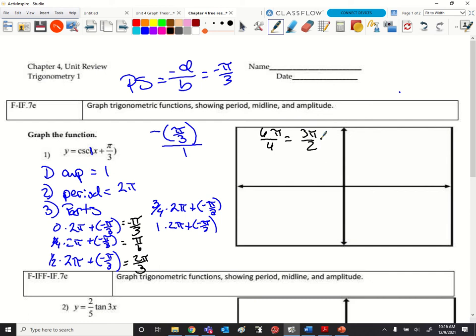Same thing, common denominator, so 3 over 3. That's going to give me 9 pi over 6. And the other one is negative pi over 3 times 2 over 2, which is going to give me a negative 2 pi over 6. And so when I combine 9 and negative 2, yeah, 7, there you go. So 7 pi over 6.